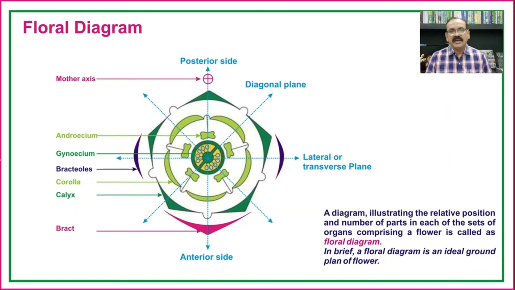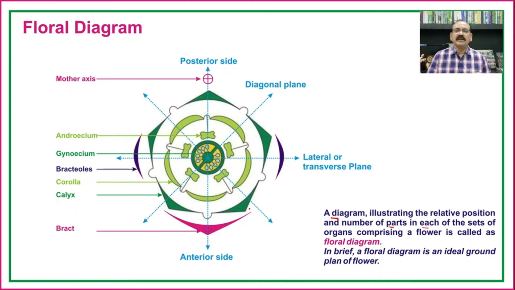If we see the floral diagram, then first of all, the question arises, what is a floral diagram? A diagram illustrating the relative position and number of parts in each of the sets of organs comprising a flower is called a floral diagram.